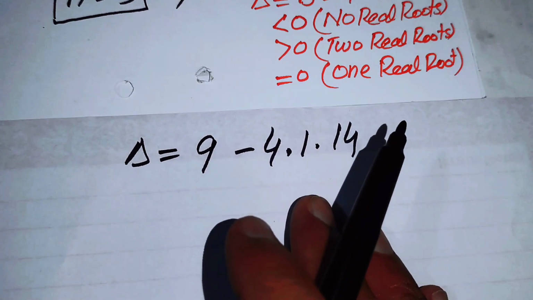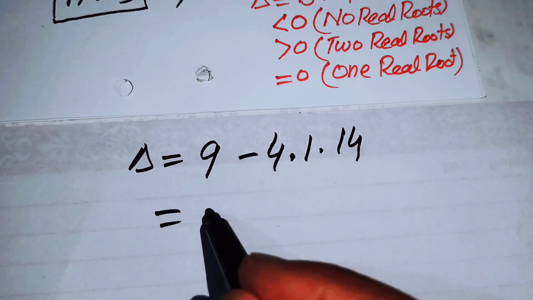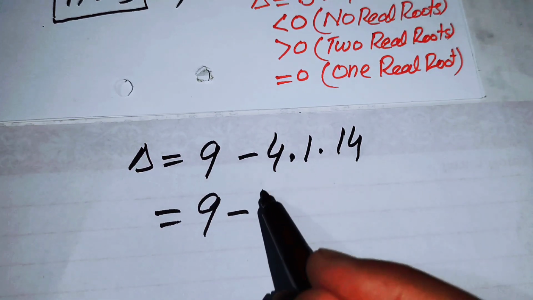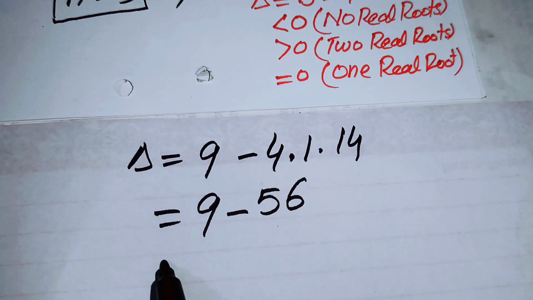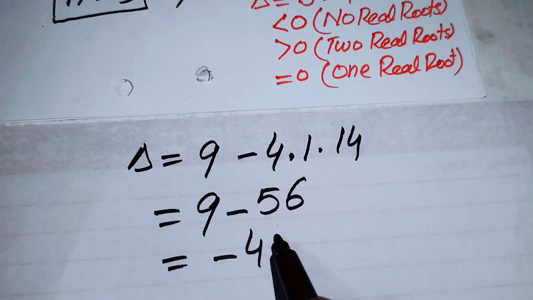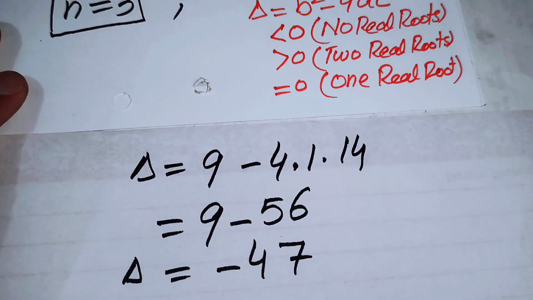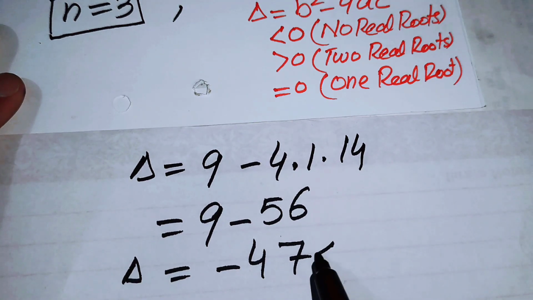And now we simplify these terms and you get 9 minus 14 fours are 56, and 9 minus 56 is equal to minus 47. So here you see that our delta is less than 0.